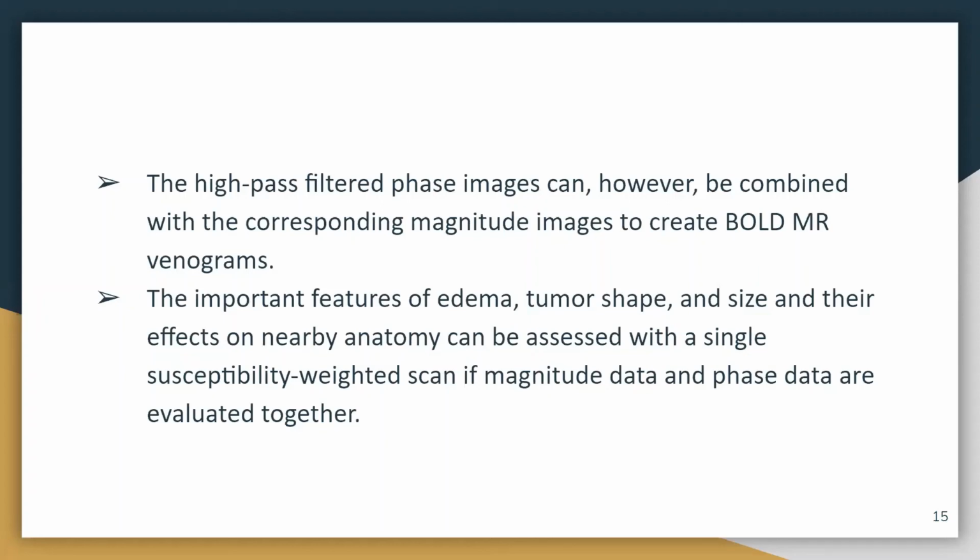The high pass filtered phase images can, however, be combined with the corresponding magnitude images to create better BOLD MR venograms for a better analysis. So the important features like edema, tumor shape, and the size and their effects on nearby anatomy can be assessed with a single susceptibility weighted scan if magnitude and at the same time the phase data are evaluated together.